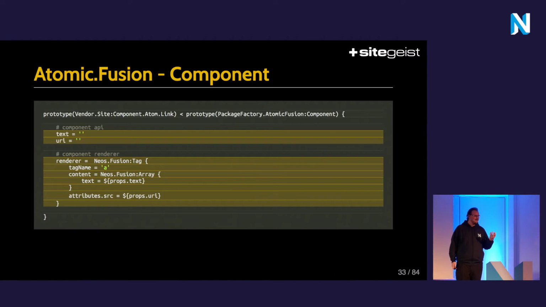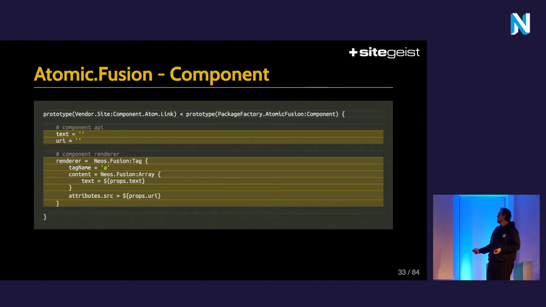And this is how a component in Fusion looks like. You just have a prototype that inherits from Atomic Fusion component. You define a component API. These are your attributes, basically. In this case, text and URI. And you define a renderer that takes care of the actual rendering process.